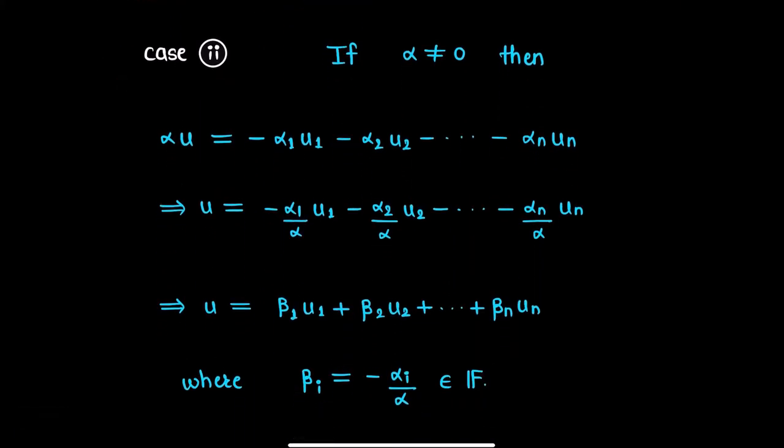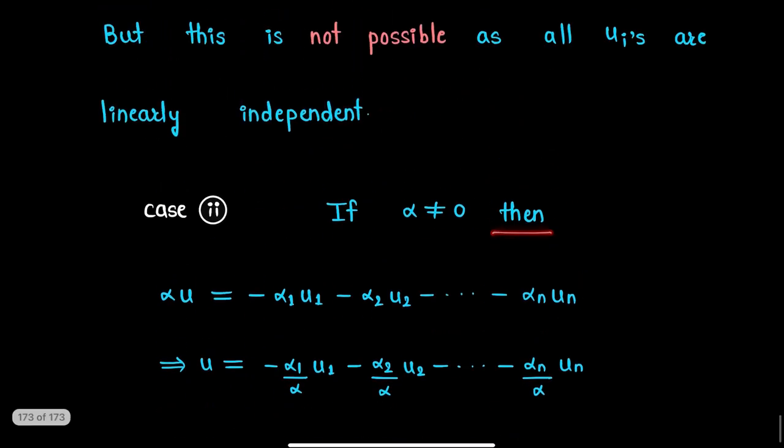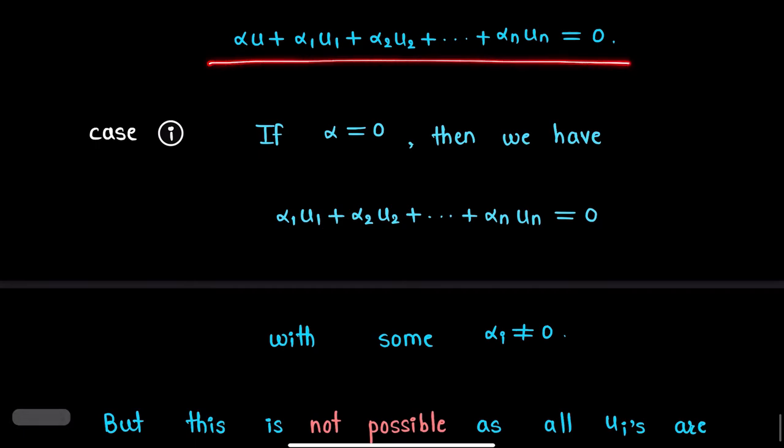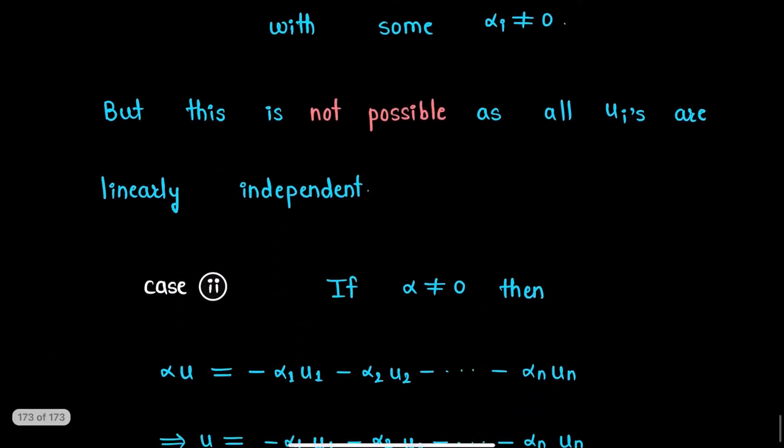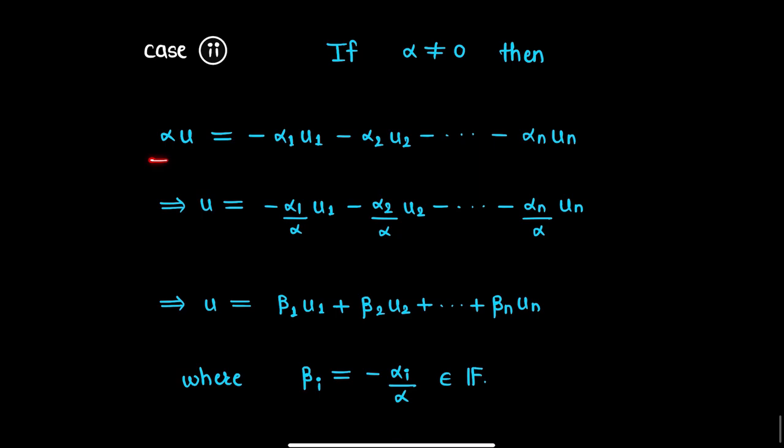Next is case 2. If we consider the scalar alpha not equal to 0, then from this linear combination we can write alpha u is equal to minus alpha 1 u1 minus alpha 2 u2 minus up to minus alpha n un. Now since alpha is not equal to 0, we can write u is equal to minus alpha 1 divided by alpha u1 minus alpha 2 divided by alpha u2 minus up to minus alpha n divided by alpha un.